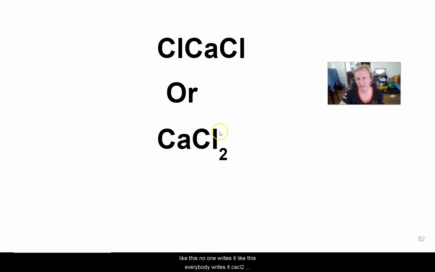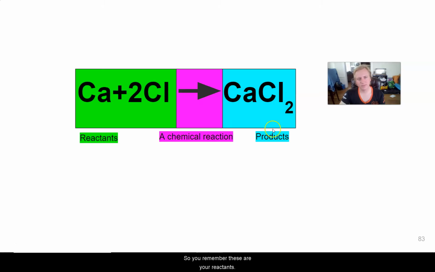Everybody writes it CaCl2 instead of putting 2 Cl's up here. Okay, and so you remember these are your reactants, calcium and 2 chlorines, your chemical reaction arrow here, and those are going to yield your product, CaCl2.